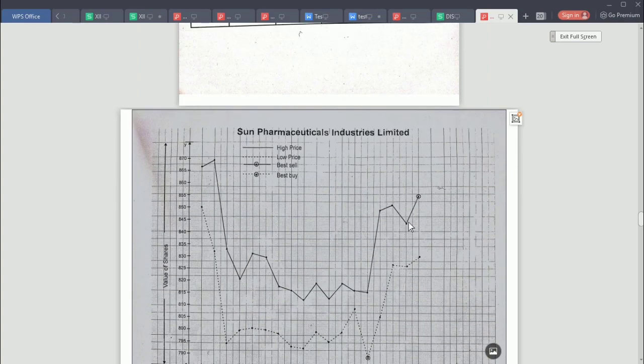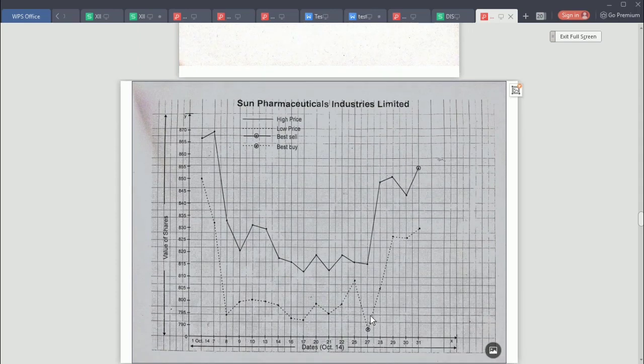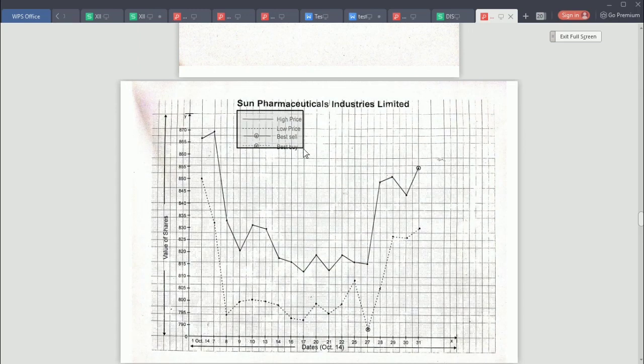So what is this circle denoting? This circle denotes the best sell price, and this circle denotes the best buy price. So we need to prepare one glossary also on the graph sheet, which will mention the high rate graph, the low rate graph, and the best sell and best buy prices.